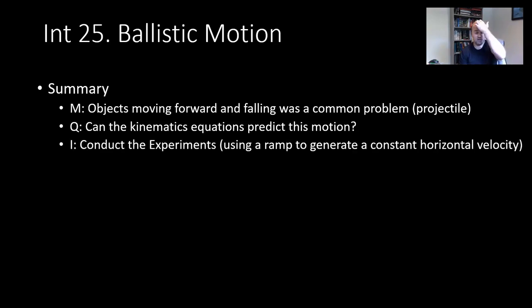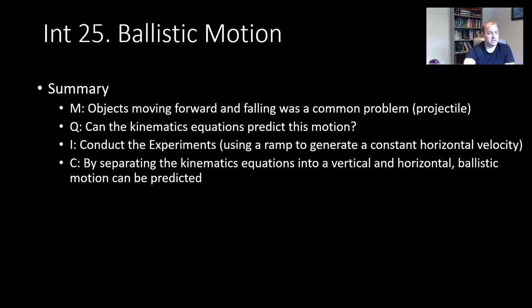Basically, the investigation was to use a ramp to generate a constant horizontal velocity, have the ball or object roll off the ramp onto a horizontal surface, and then launch off the horizontal surface and turn itself into a projectile. And it's shown that by separating the kinematics equations into a vertical component and a horizontal component, we can predict what the ballistic motion is going to be.